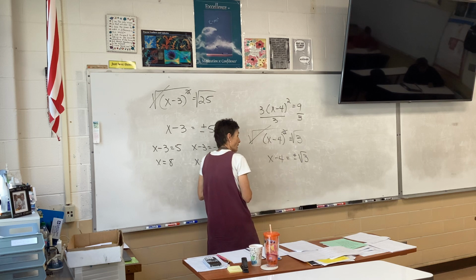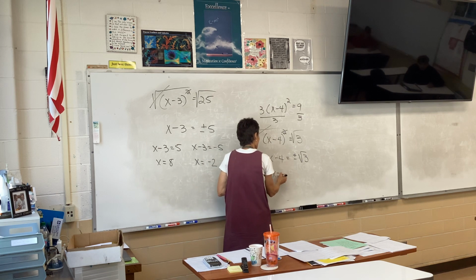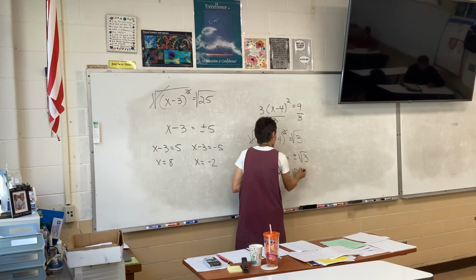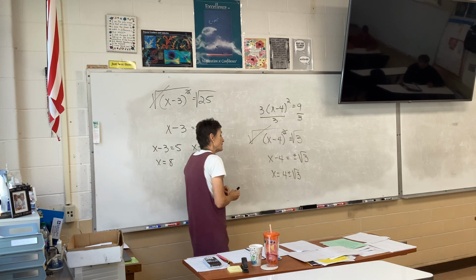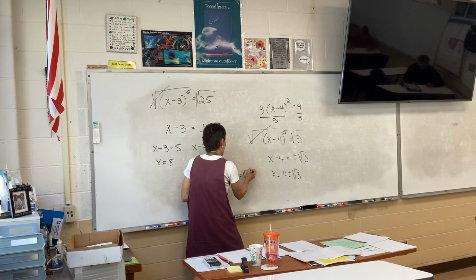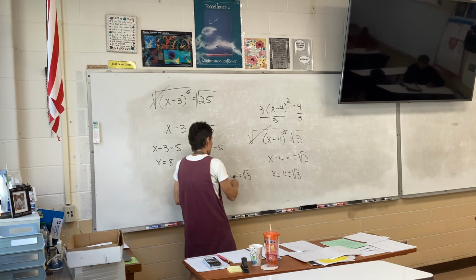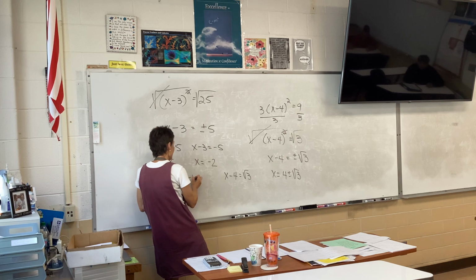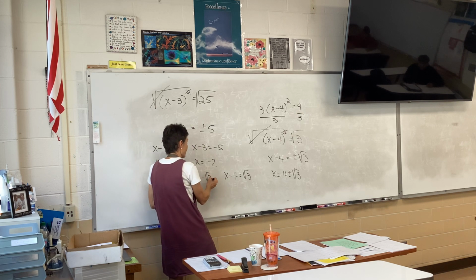This is 2 equations, but this time I'm going to write it as 4 plus or minus root 3. If you want, you can go ahead and split it up. X minus 4 equals root 3, x minus 4 equals negative root 3. But look what happens.